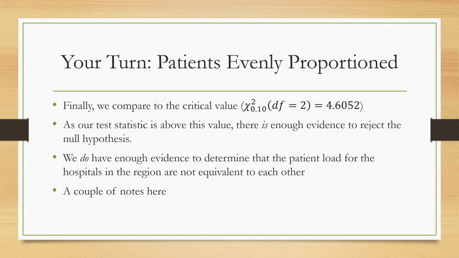Now, I should make a couple of notes here. We came to a different conclusion here than we did previously. So my first note is the difference here isn't the data. The data are the same. The difference is the null hypothesis. And this actually leads to a bigger point in statistics.